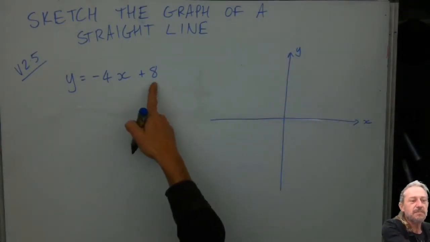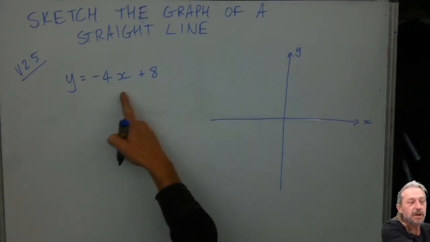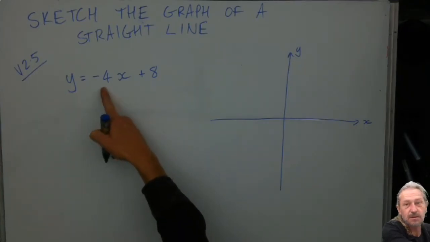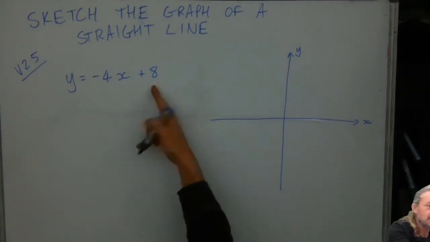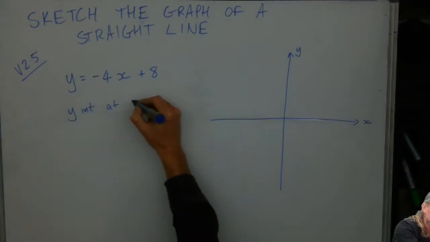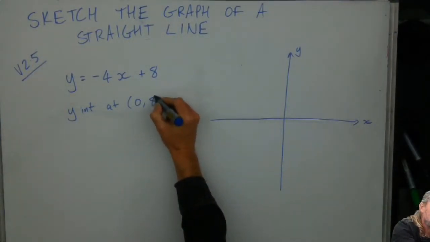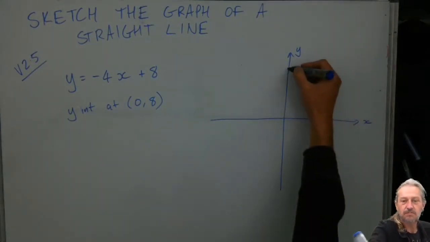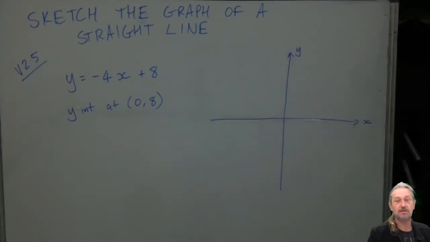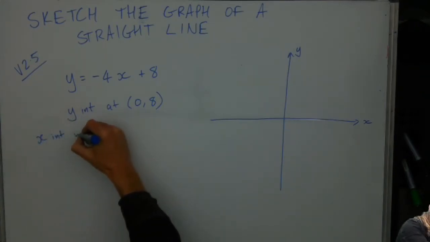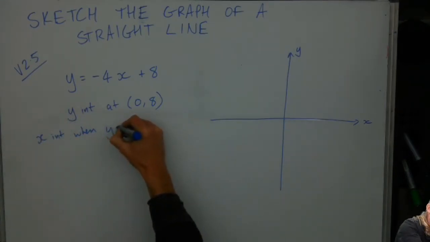Our y-intercept, when we plug in x equals 0, negative 4 times 0 is 0, is 8. So the y-intercept at 0, 8. We know that already. So somewhere up here it's going to cross the y-axis, and then the x-intercept when y equals 0.